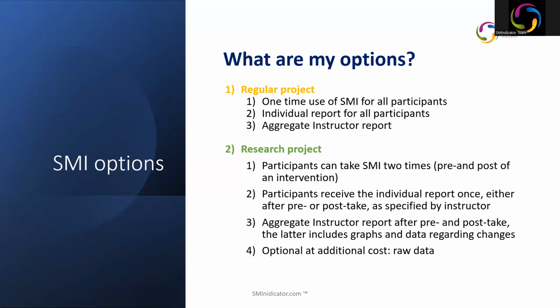On top of that, you receive a second report after the post take, which is again including all of this information regarding the group as a whole. However, it also includes graphs and data regarding potential changes. And we will have a short example about this also in our training course.